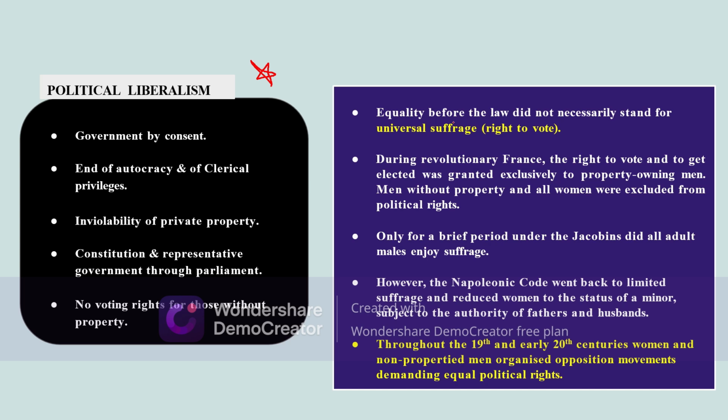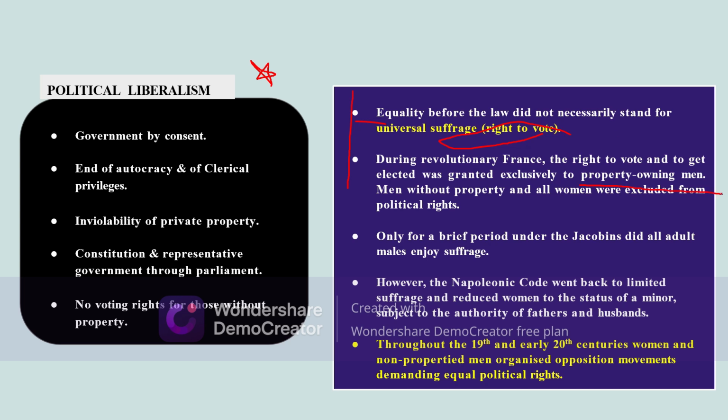Here, equality before the law did not necessarily stand for universal adult franchise or universal adult suffrage. This is again a 3-mark question where all these points are to be covered. They will give this first line in quotes and ask you to justify. During revolutionary France, the right to vote and to get elected was granted exclusively to property-owning men.